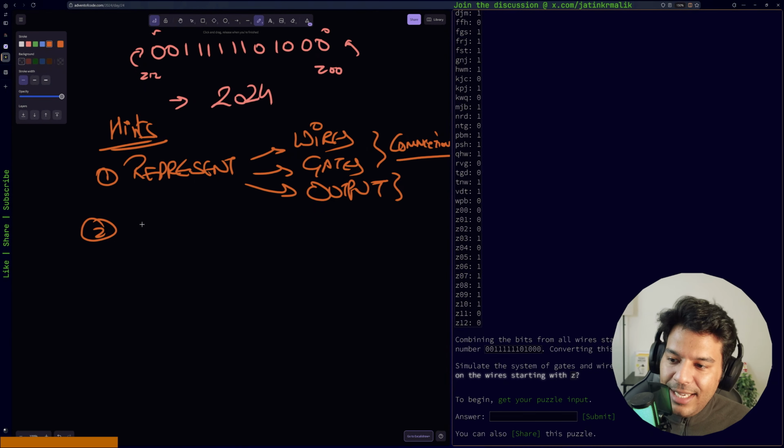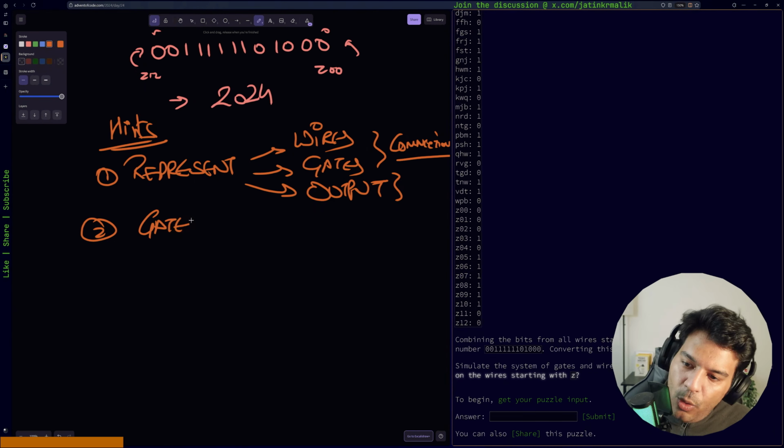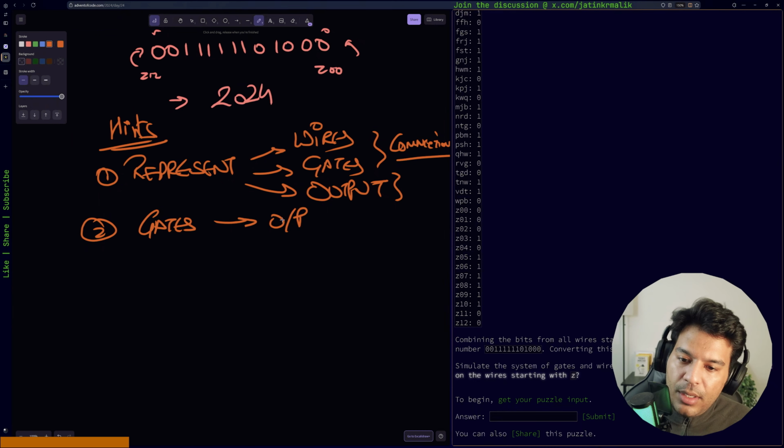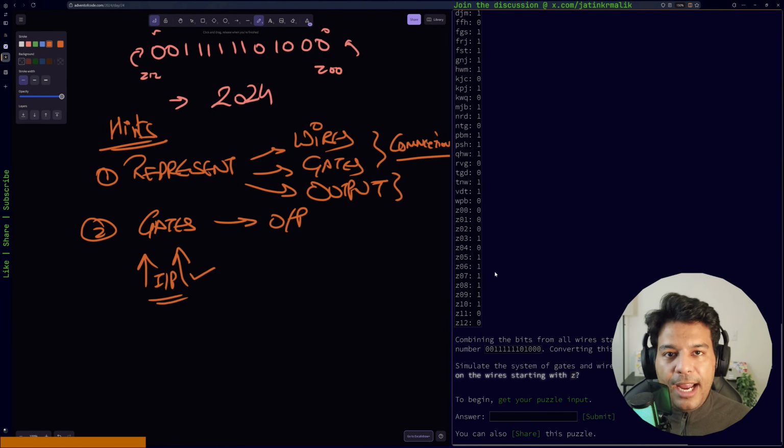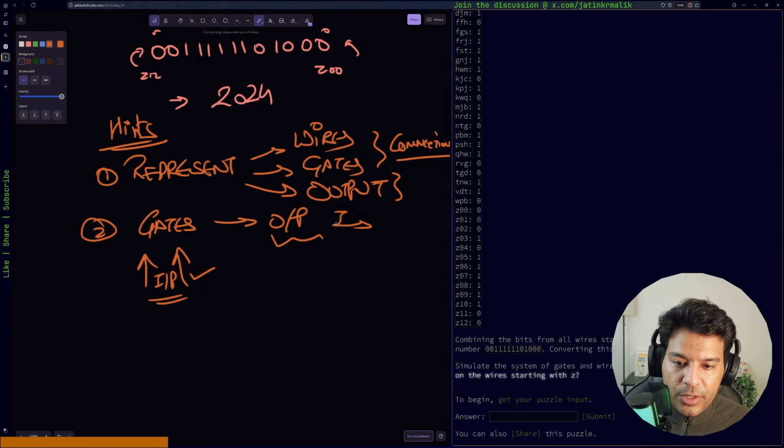And since a gate can only produce an output once it has both inputs ready, you need a way to keep track of which gates are now ripe for you to process and get a new output. And then maybe this output becomes your input for some other gate G2.